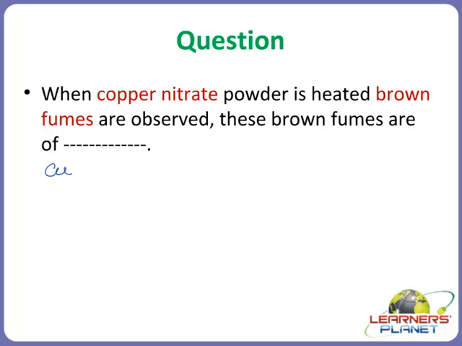It is Cu. Nitrate is NO3. So copper nitrate would be Cu(NO3)2. And when this copper nitrate is heated, what are we going to get? We will get copper oxide, that is CuO. This is cupric oxide.